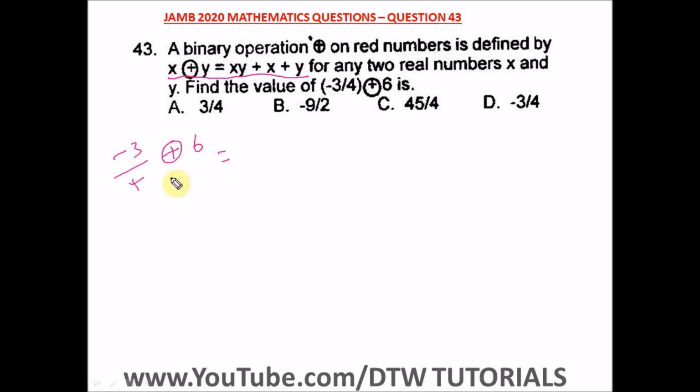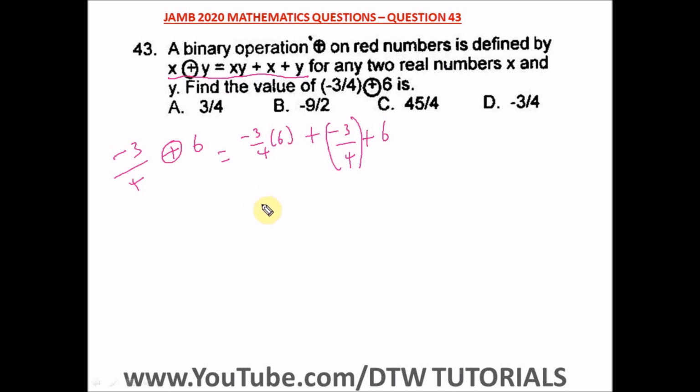Comparing this, let our x be minus 3 over 4, let our y be 6. So we have xy, so we have minus 3 over 4 times 6, plus x, also minus 3 over 4. Please, let's use brackets to separate them. Plus y, which is 6. Having done this, let's open our bracket.